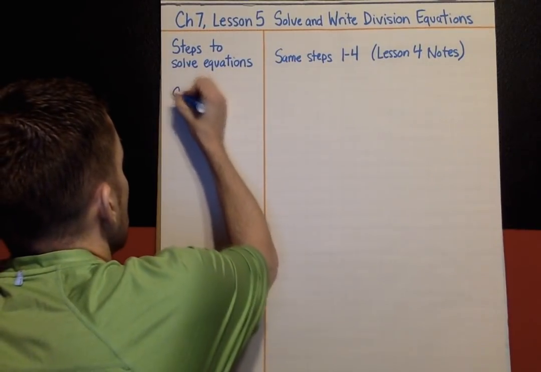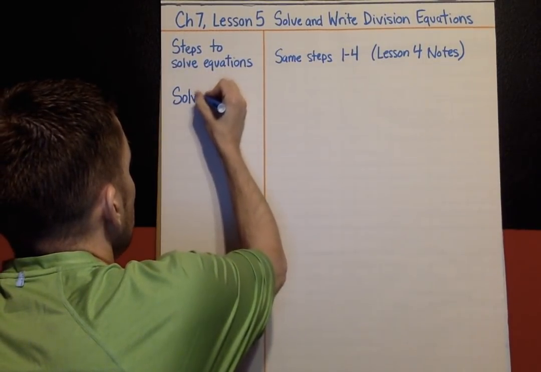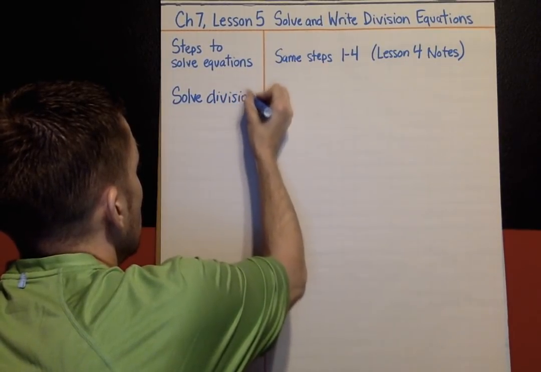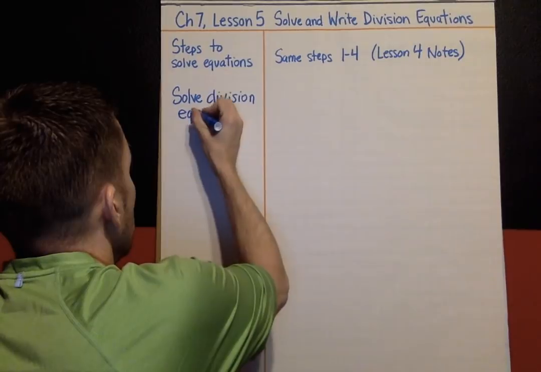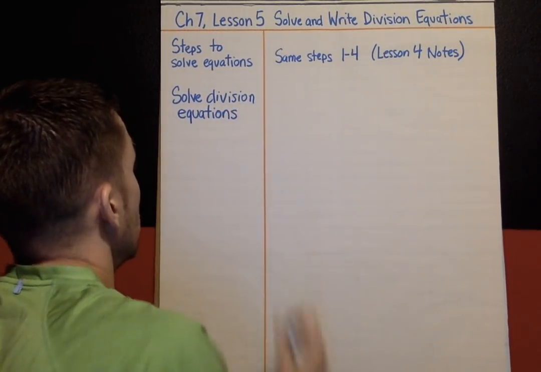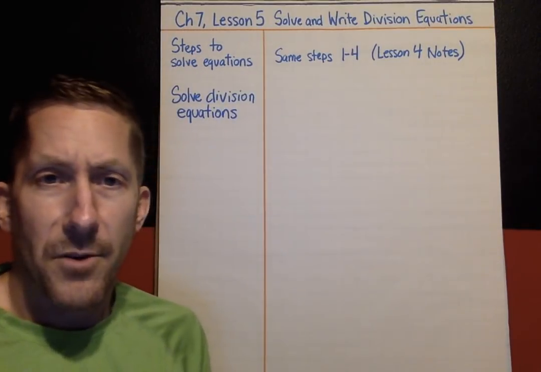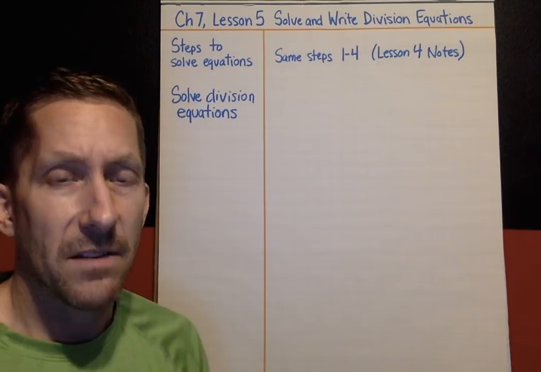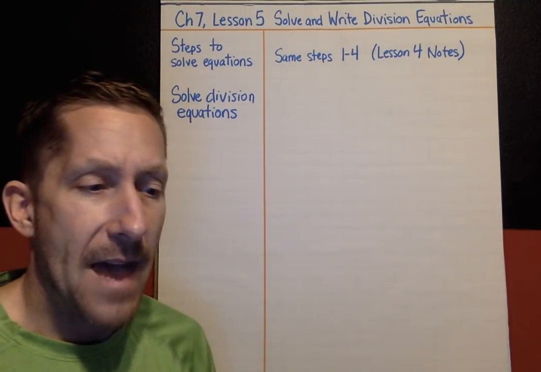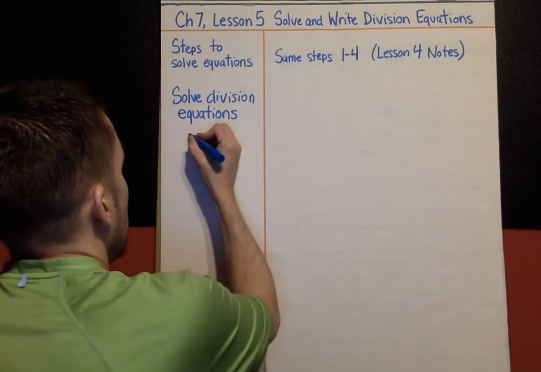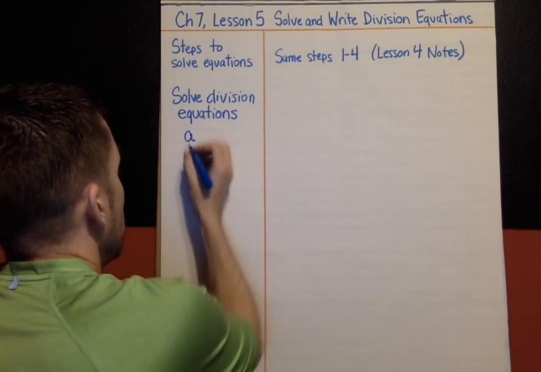Okay. All right, let's look at some division equations. So I'm going to write here, solve division equations. The trickiest part I think that kids have with solving division equations is seeing that line as divide. Here's our equation.